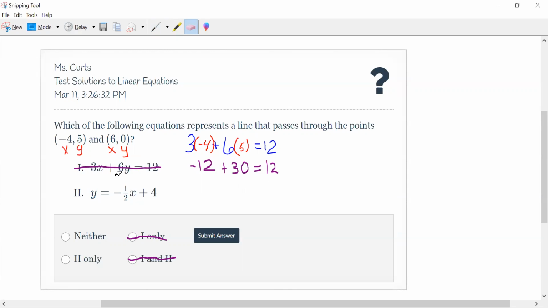Okay, so let's try it with the second equation. So y is 5, x is -4.